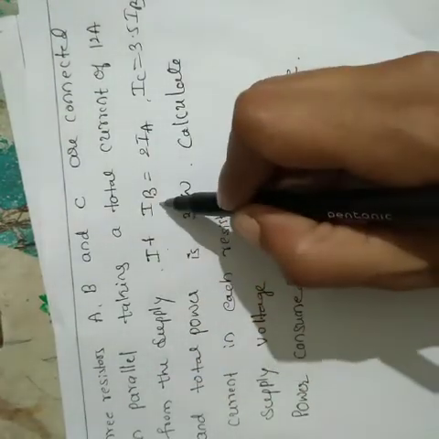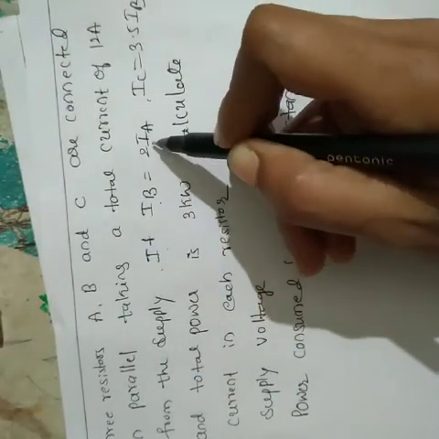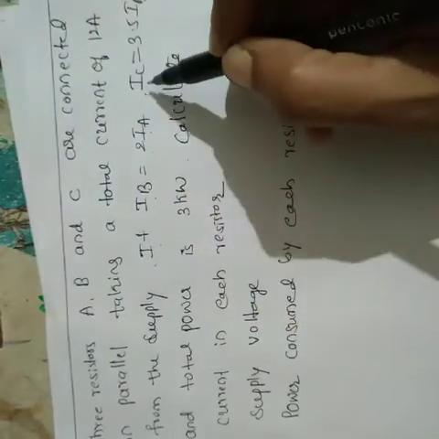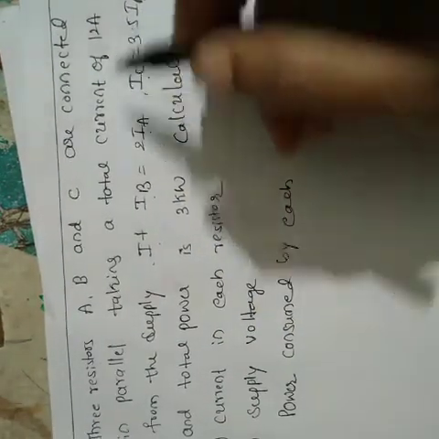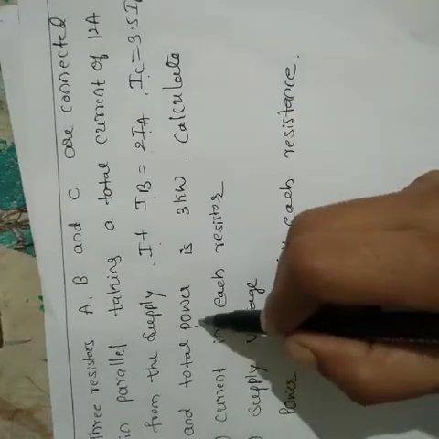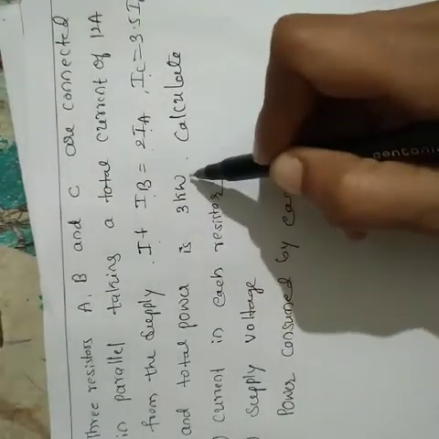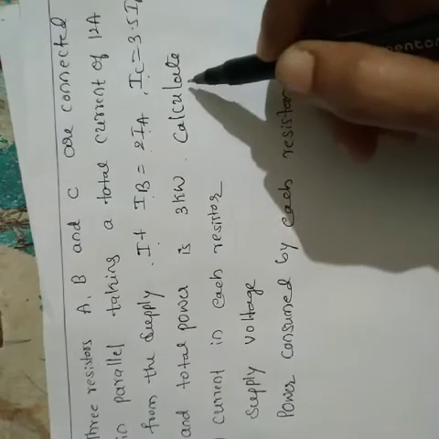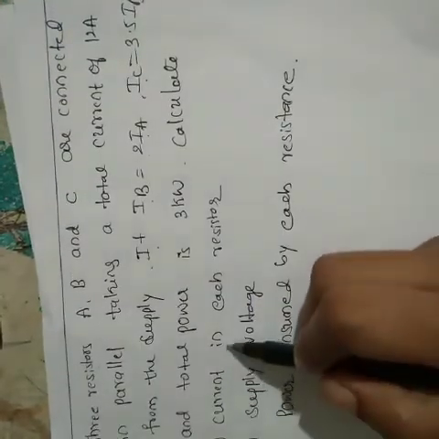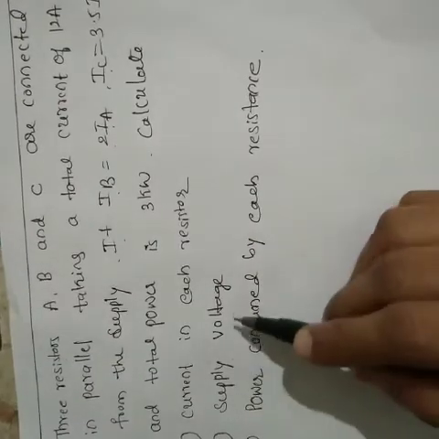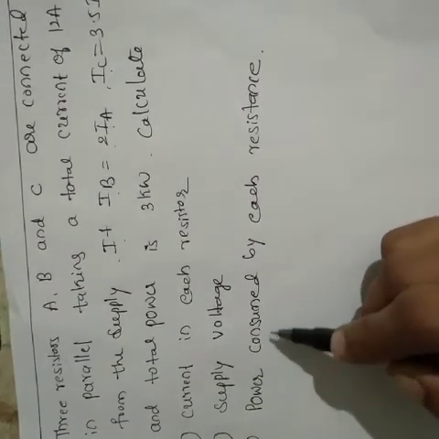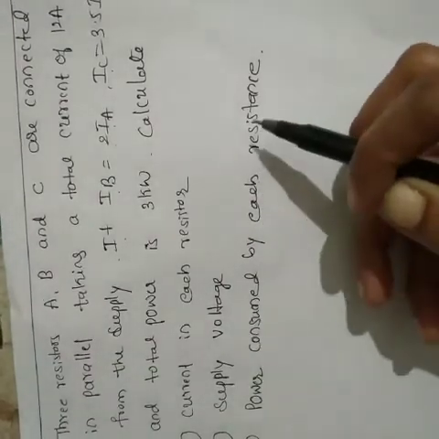If IB is equal to 2 into IA, and IC is equal to 3.5 into IB, and total power is 3 kilowatt, first calculate the current in each resistor. Second, the supply voltage. Third, the power consumed by each resistance.